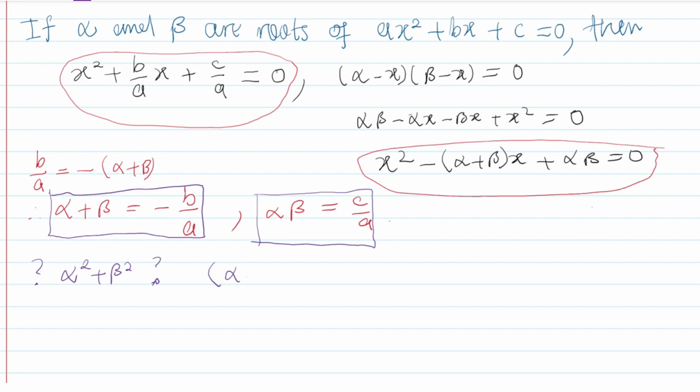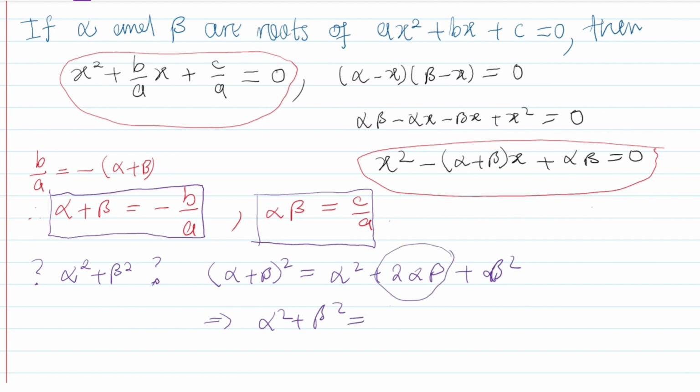We know that (alpha plus beta) squared is just the same as alpha squared plus 2 alpha beta plus beta squared. So alpha squared plus beta squared is equal to, this term goes the other side, (alpha plus beta) squared minus 2 alpha beta. So you can play around with these terms.